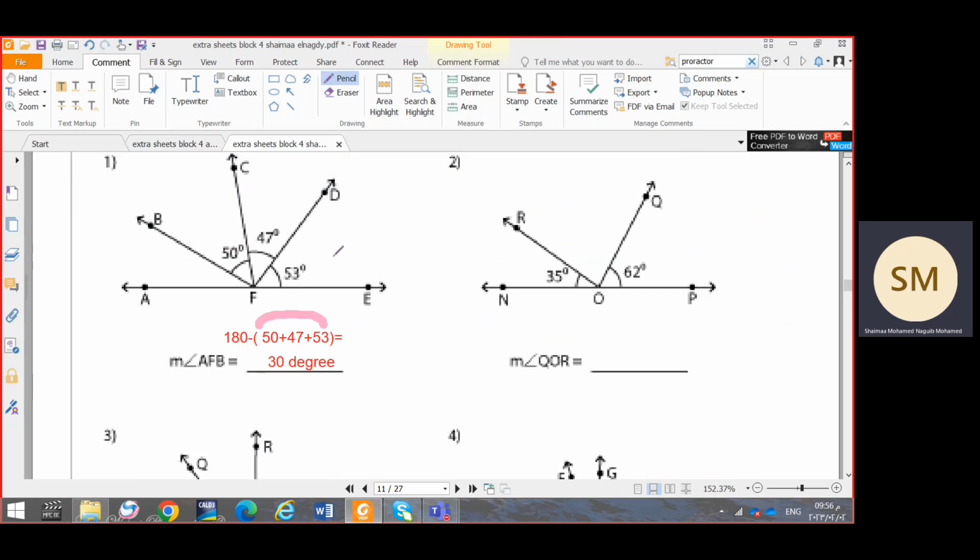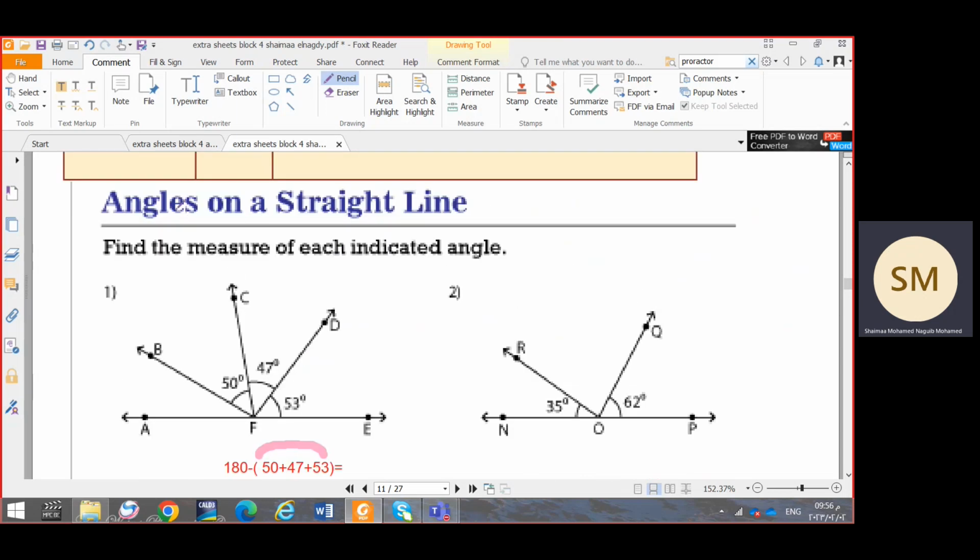طيب بصوا بقى معايا كده. احنا عندنا we have 4 or 5 types of angles. احنا عندنا acute, it's less than 90 degree. This is acute angle, and this is less than 90 degree.